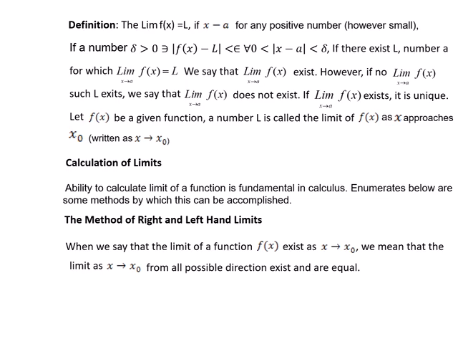Then we move to the method of right and left hand limits.